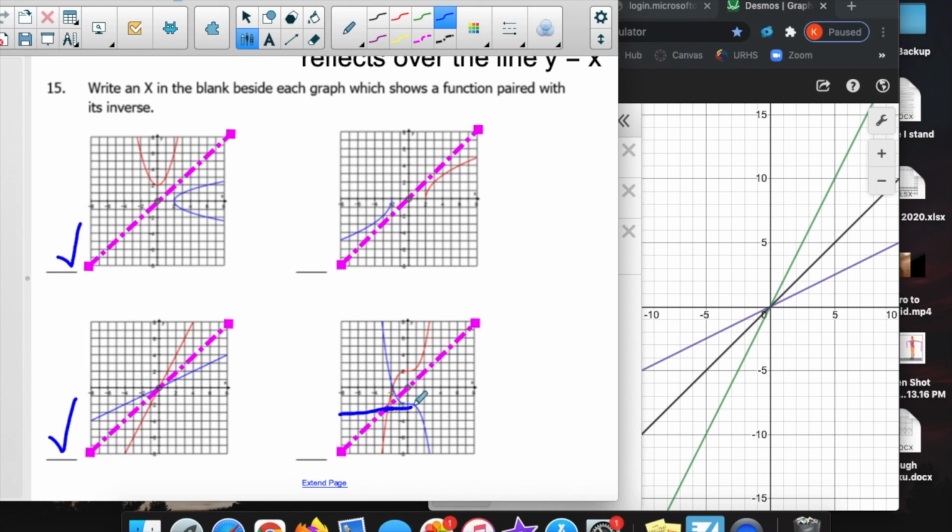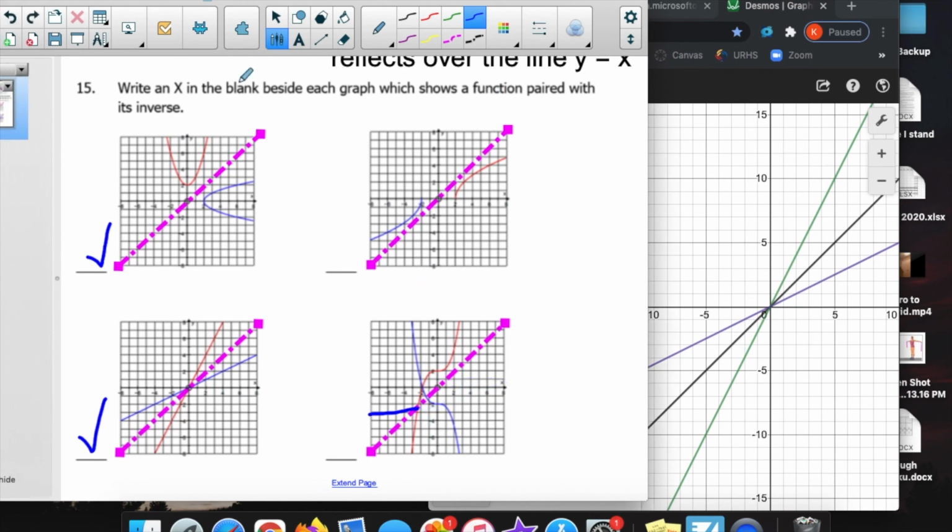It would come up and then maybe come down and then go up like that. Actually, more like a cube root graph is what that would look like. So if you compare that to the red one and ignore the blue one that's there, this is an actual mirrored image of that one instead of the blue one they have on there. So no, this last one would not be an inverse either.